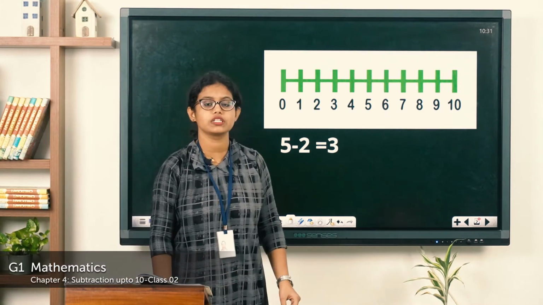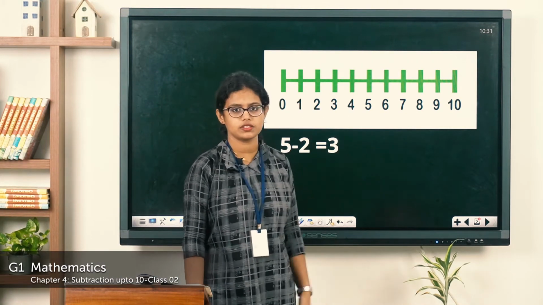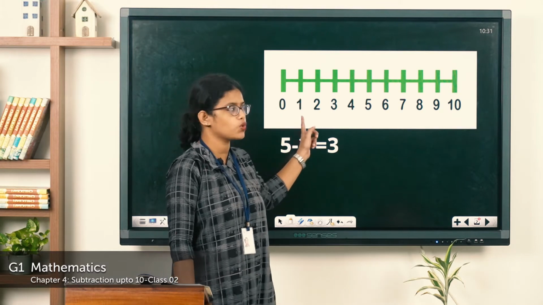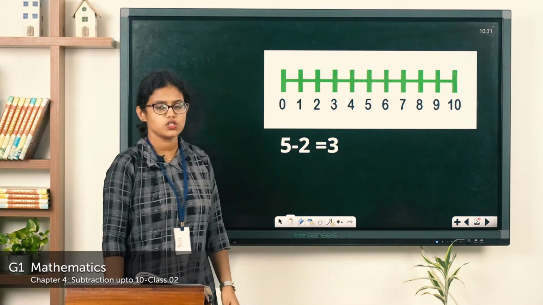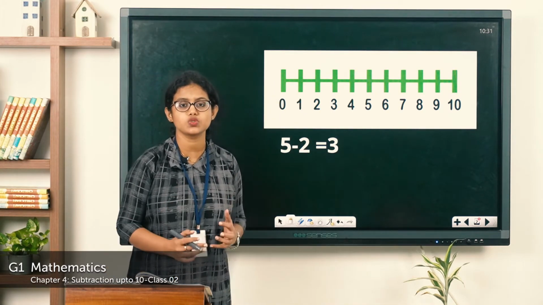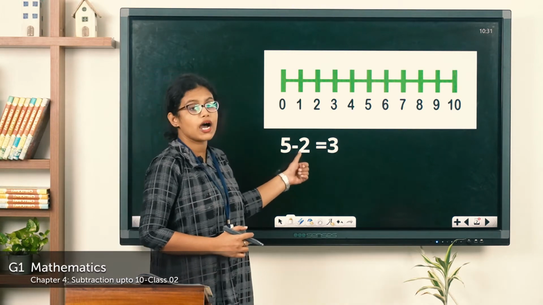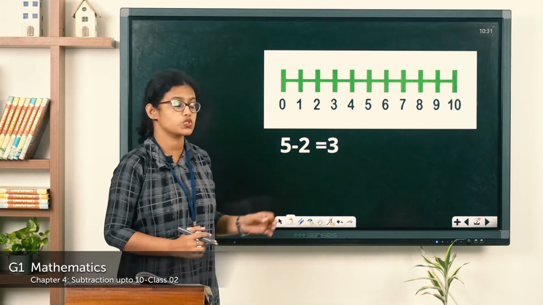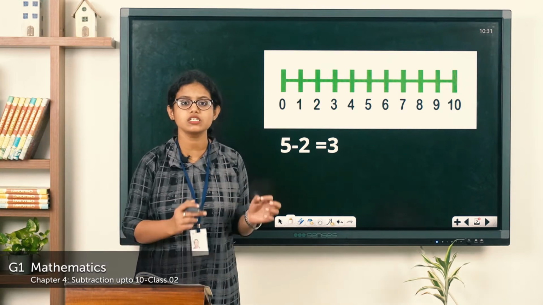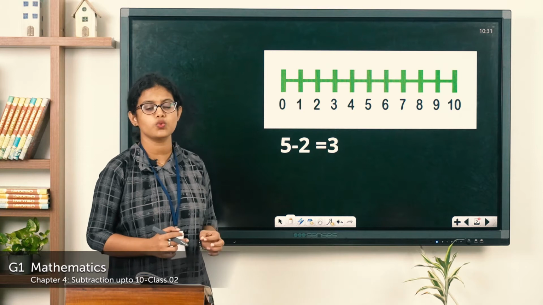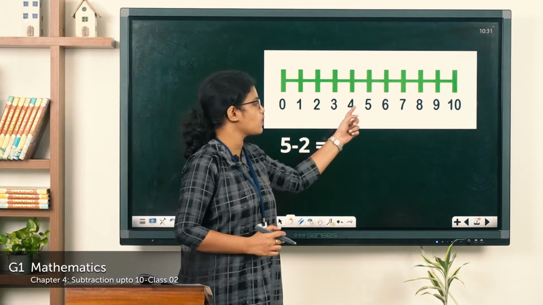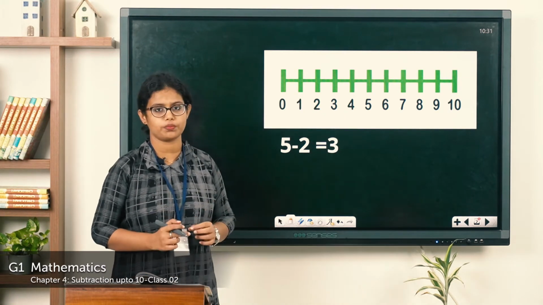So here you can see the number line, numbers from 0 to 10. So now we are going to learn how to subtract two numbers. 5 minus 2. So which is the first number? The first number is 5. So what you have to do? We have to find 5 on the number strip.